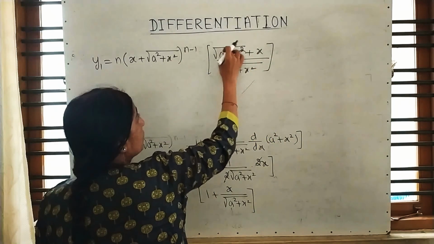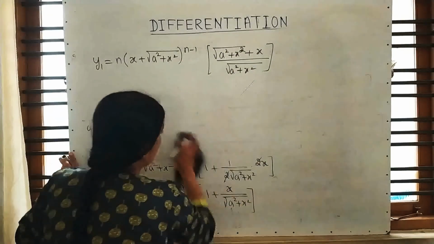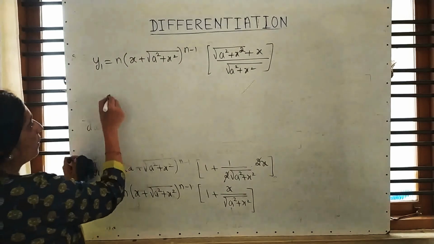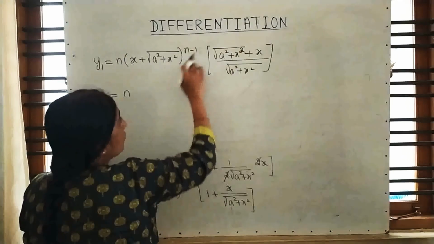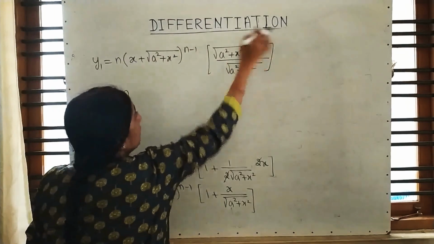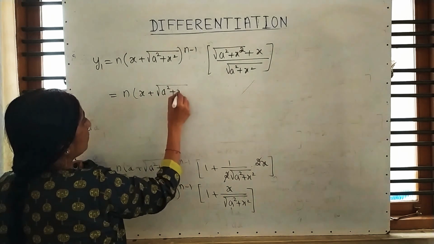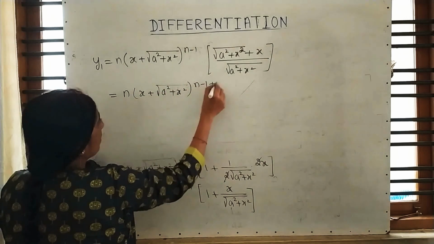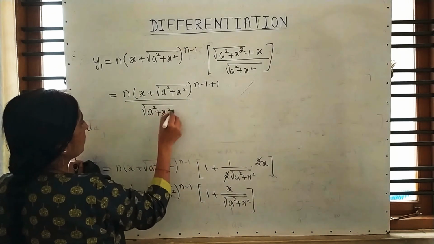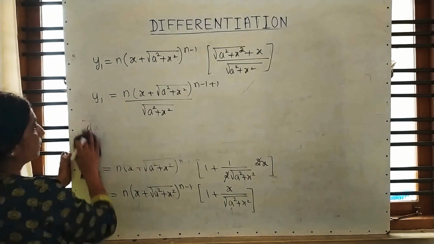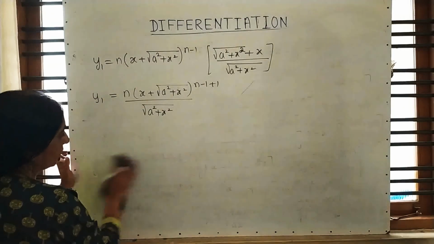Root of a square plus x and this term, are they exactly the same or what? Yes. Only that place values are different. So that means they are in the form of a raised to m into a raised to n. This power is n minus 1, this power is 1. So n minus 1 plus 1 and denominator is, this is y1. Then minus 1 plus 1 get cancelled.